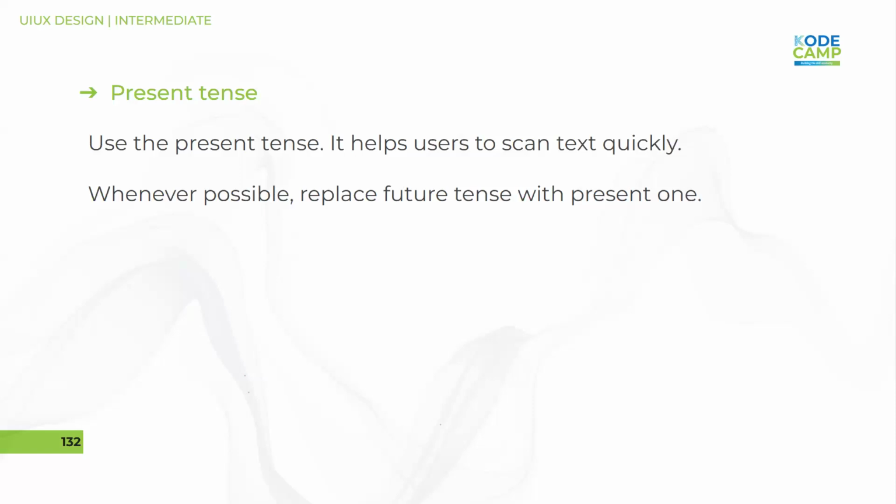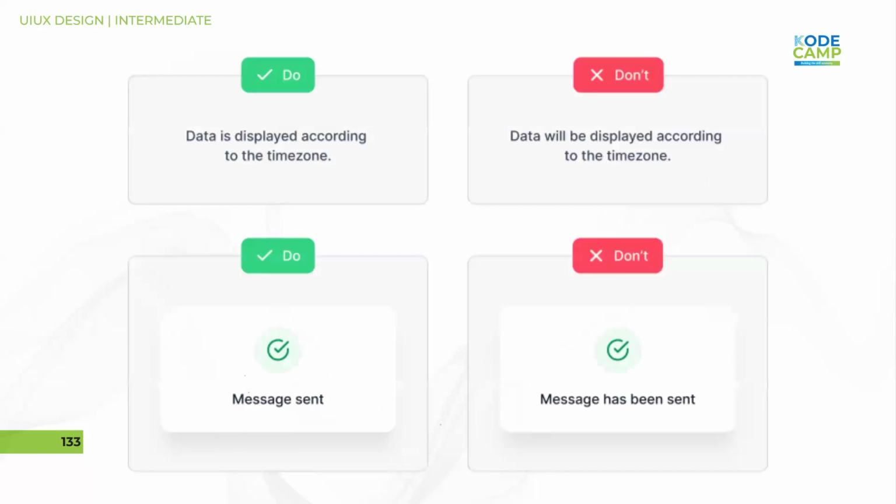All right. So also, use present tense. It helps users to scan text quickly. Whenever possible, replace future tense with present. What we mean by that is, date is displayed according to the time zone. Date will be displayed according to time zone is not good UX. Message sent. Message has been sent is not good UX writing. So message sent is perfect.